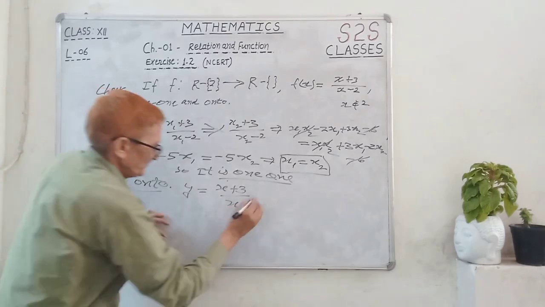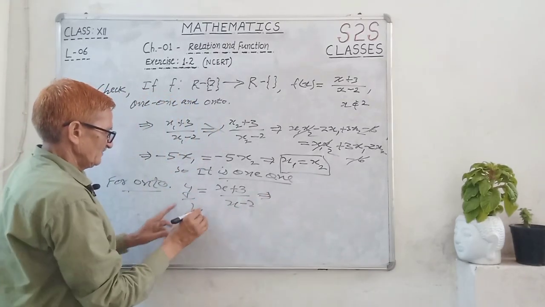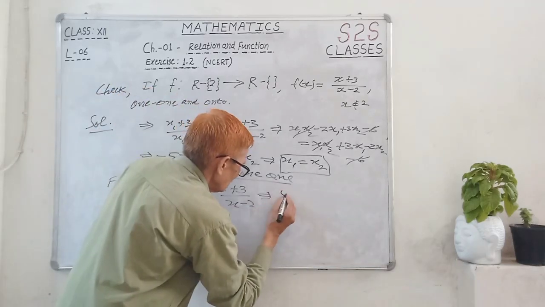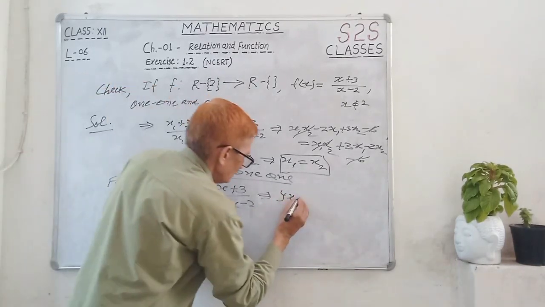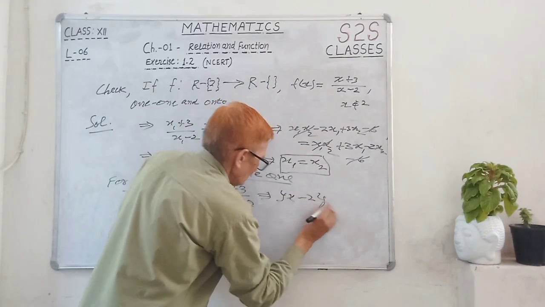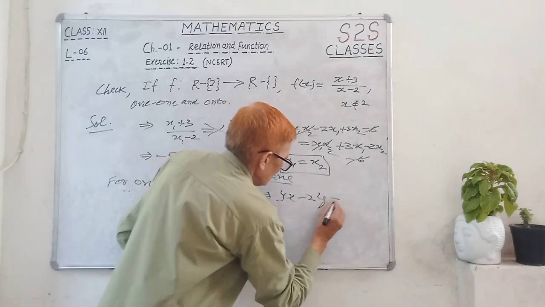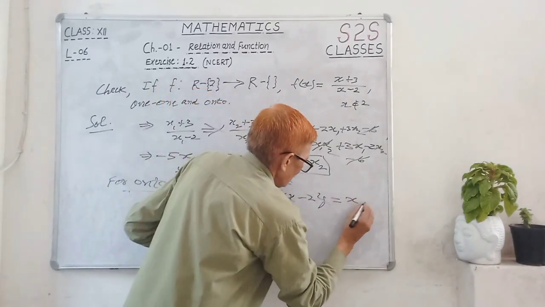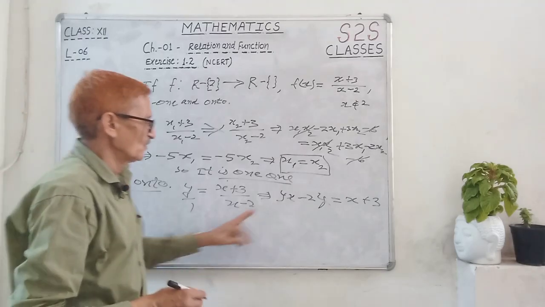Okay, this implies find x, cross multiply: yx minus 2y equal x plus 3. Now we have to take the value of x.